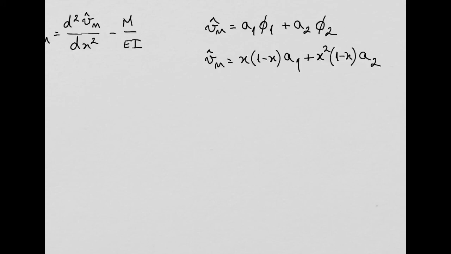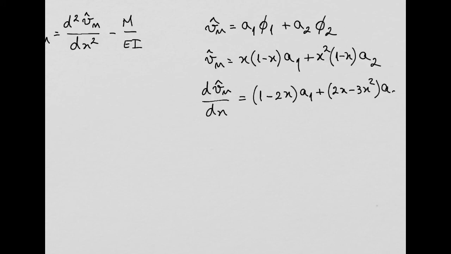The first derivative, dV n over dx, is quite straightforward, right? It is (1 minus 2x) A1 plus (2x minus 3x squared) A2. I need the second derivative, so I need to derive again.